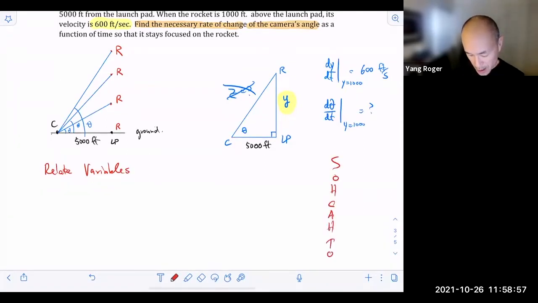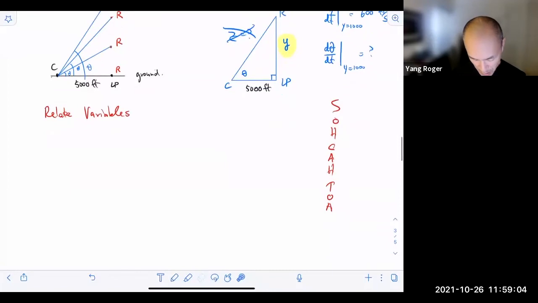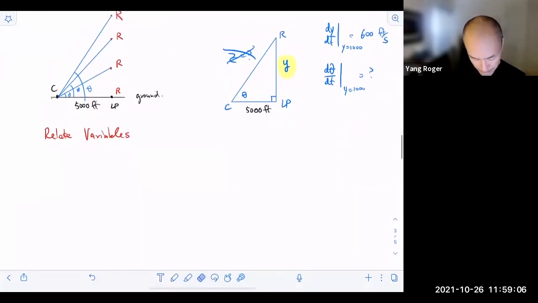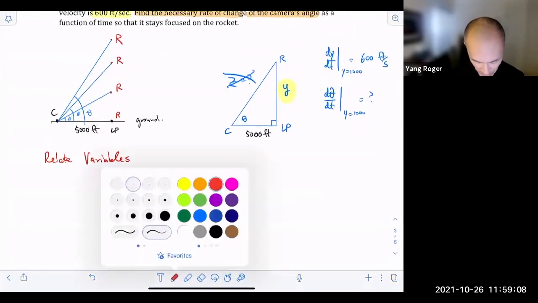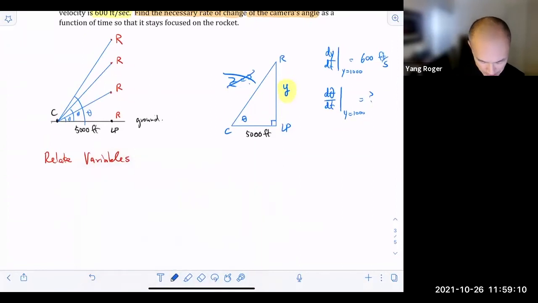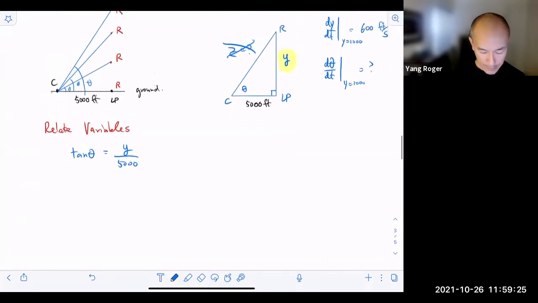SOHCAHTOA. Opposite over adjacent is the tangent. So when I relate the variables, these variables are related with tangent theta is equal to the opposite over the adjacent. Are there any questions?